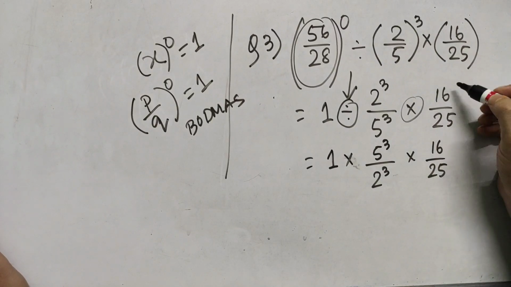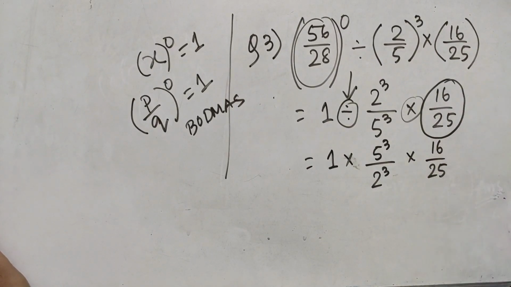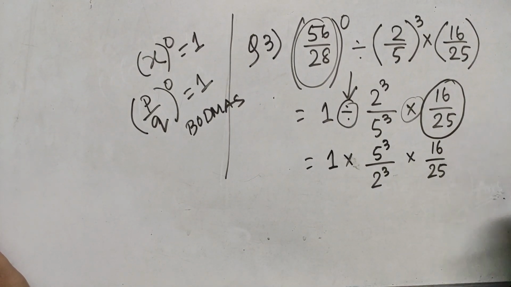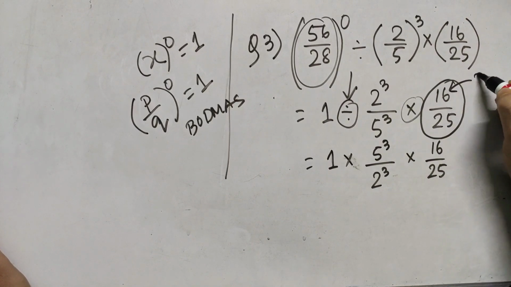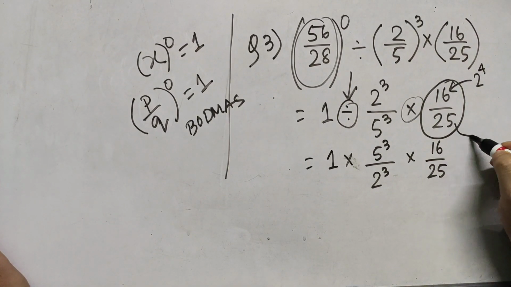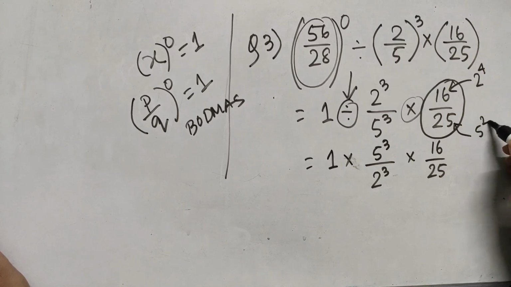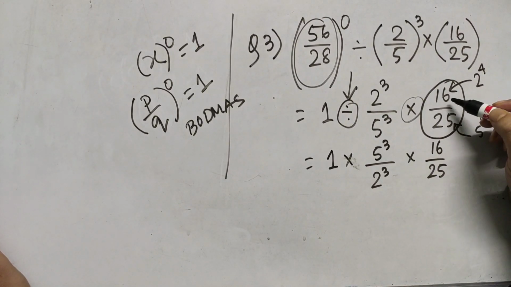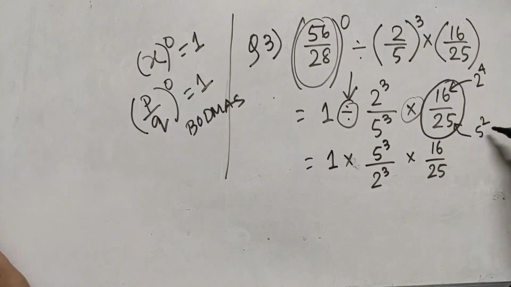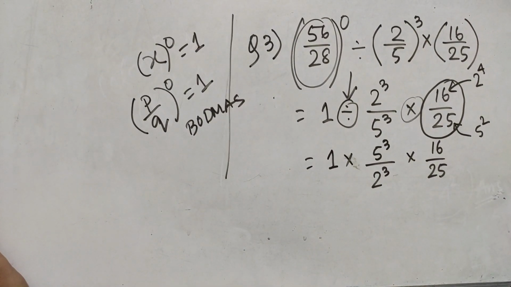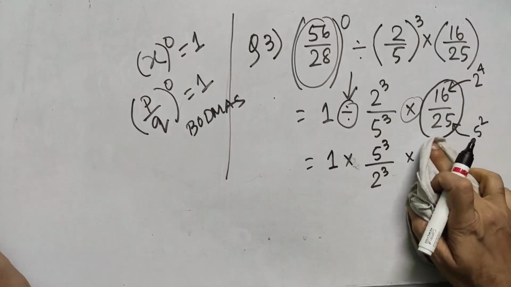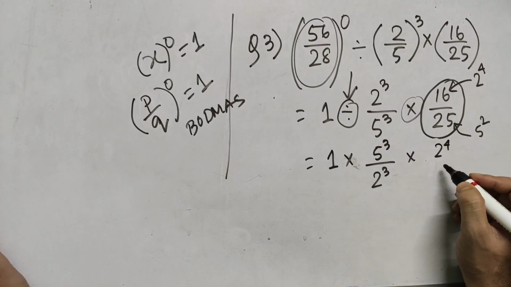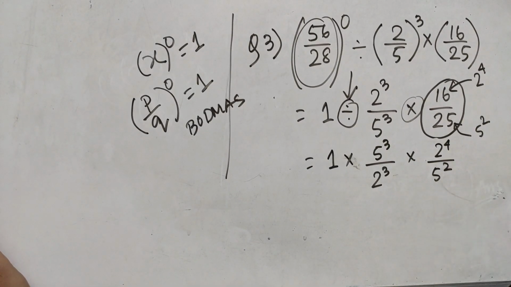Now look here, 16 by 25. 16 can be written as 2 to the power 4, and 25 can be written as 5 square, because if you multiply 2 four times you get 16, and if you multiply 5 two times you get 25. So in place of 16 by 25, we can write 2 to the power 4 by 5 square.